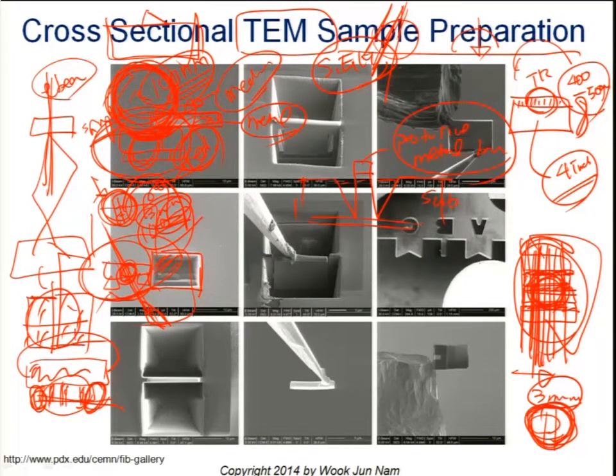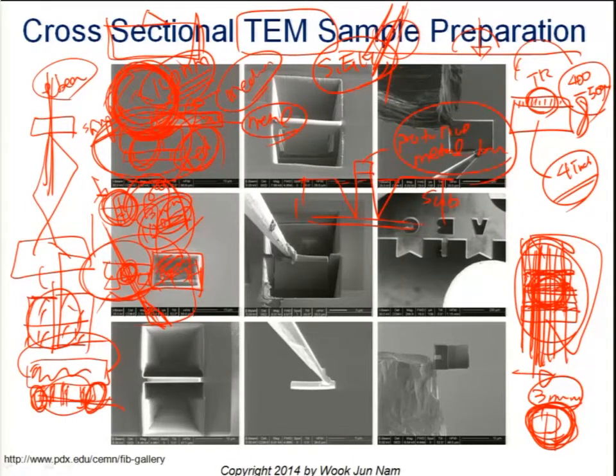After slicing one side of the sample, we draw another rectangle to slice the other side of the interesting area. Using that way, the side view of this sample is exactly something like this. For this slicing, since we used a very high energy ion beam, we want to clean the surface of this area.